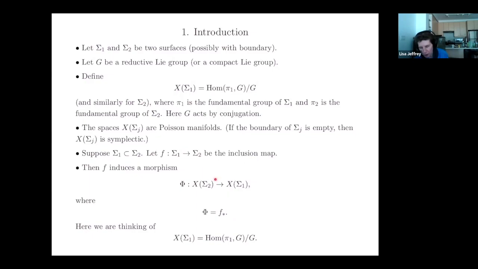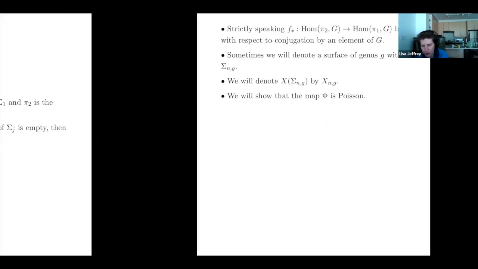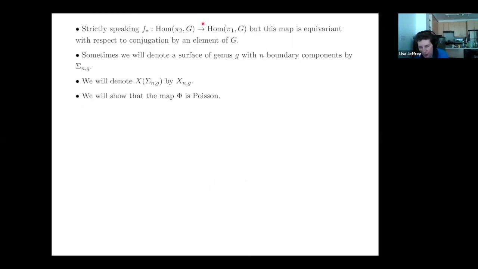So, strictly speaking, this is a map from representations of the fundamental group of sigma 2 into G to representations of the fundamental group of sigma 1 into G. But this map is equivariant with respect to conjugation by an element of G, and so it does give you a map of character varieties.